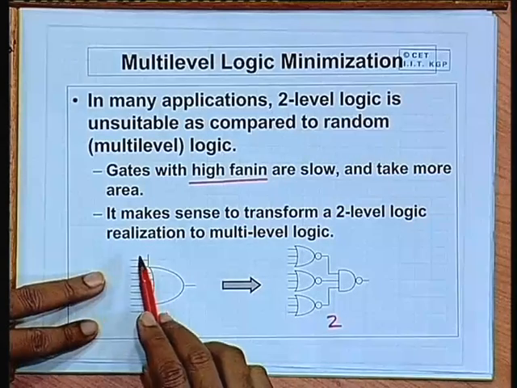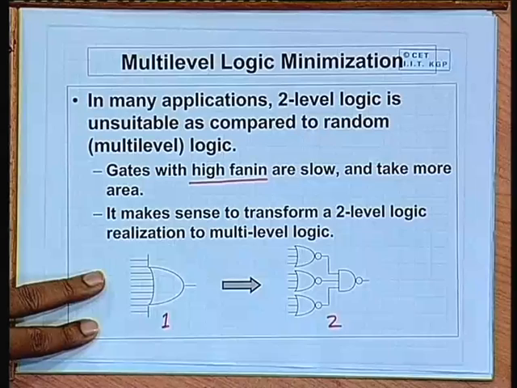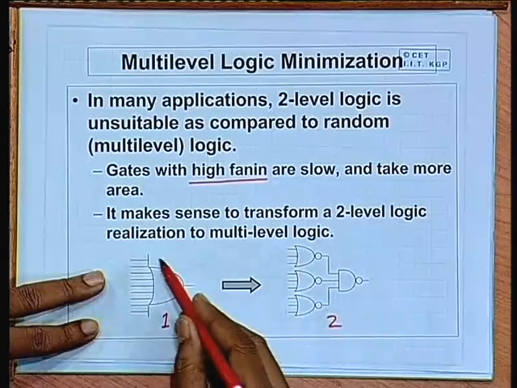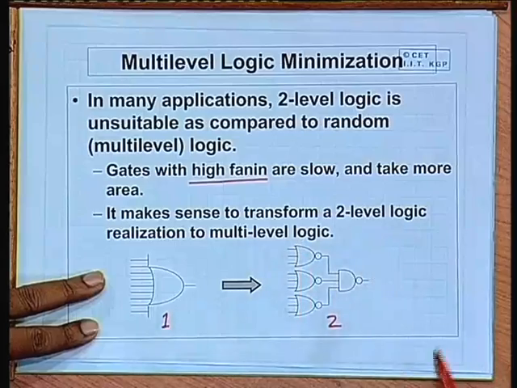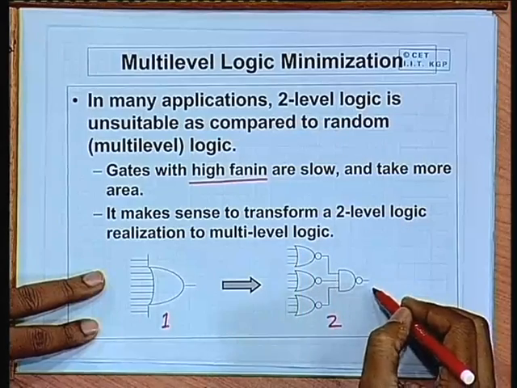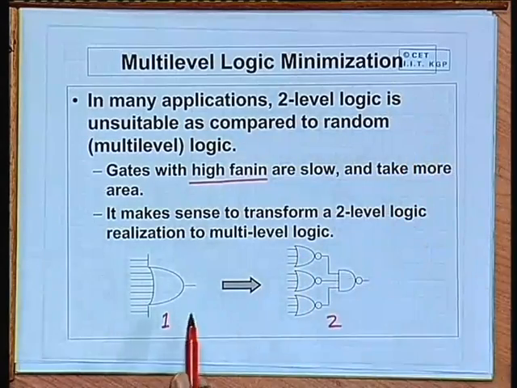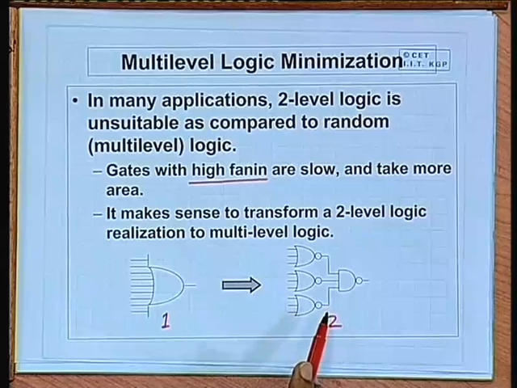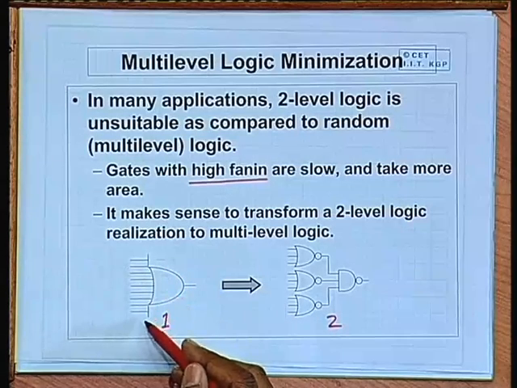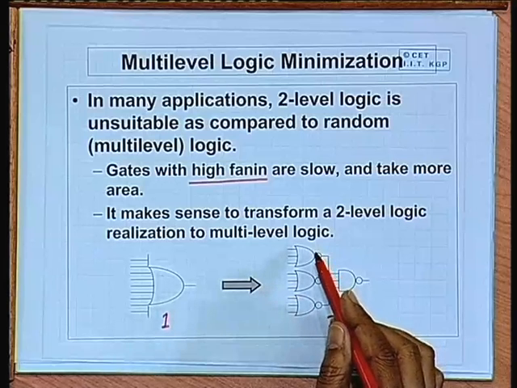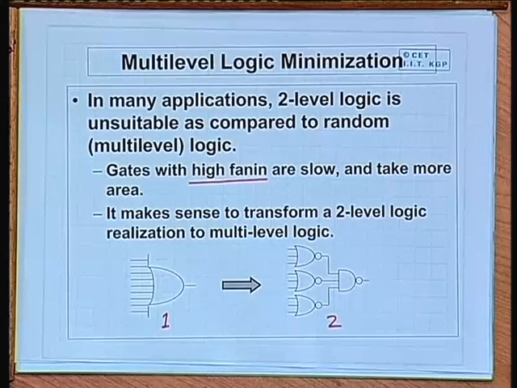So particularly for high fan-in gates, it is beneficial to break that gate up into smaller gates, into multi-level logic. So this is one situation where multi-level logic realization makes sense. Break up a gate with a large number of inputs into multiple levels of smaller gates, and your speed will improve.